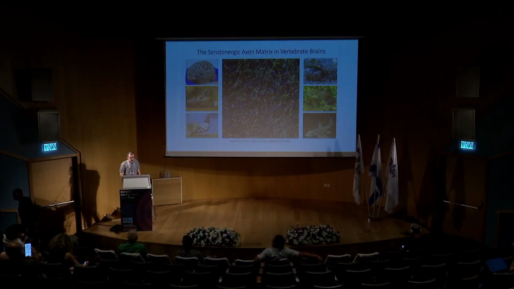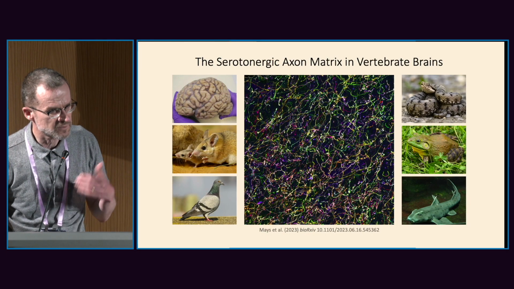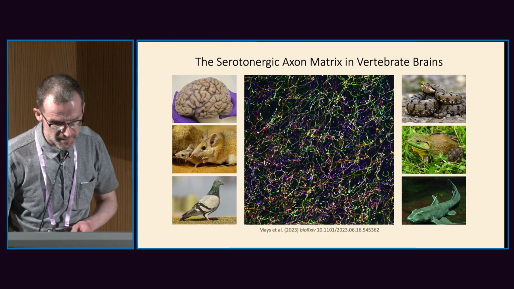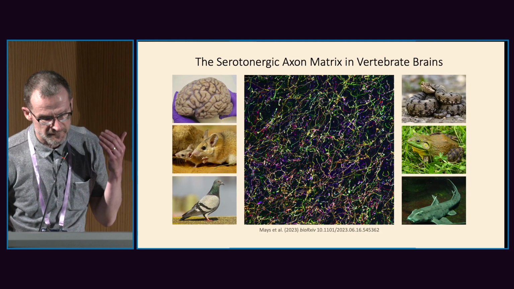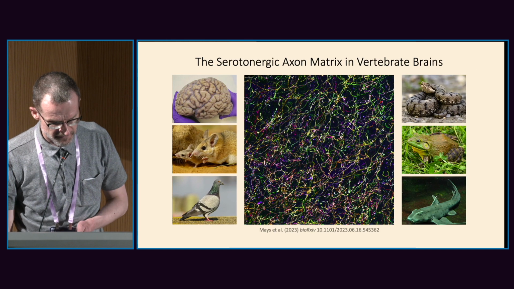Let's get started. All of the networks that we study in connectomics are actually embedded in a meshwork of thin fibers. This meshwork, or matrix, is present in all vertebrate clades. You have it in mammals, obviously, and in birds, reptiles, amphibians, and fish.